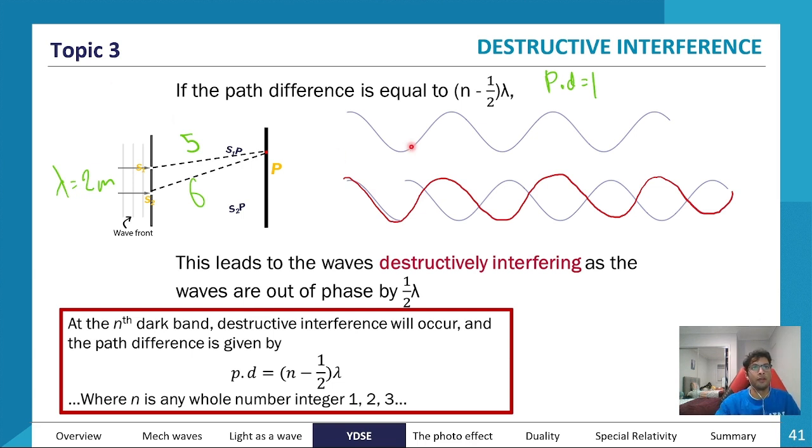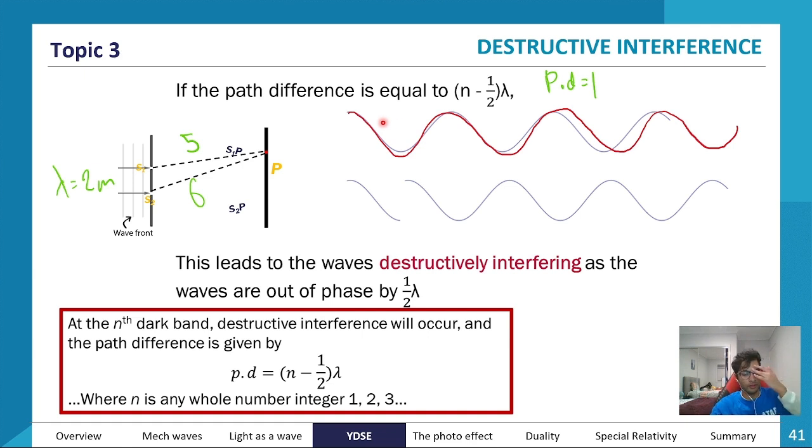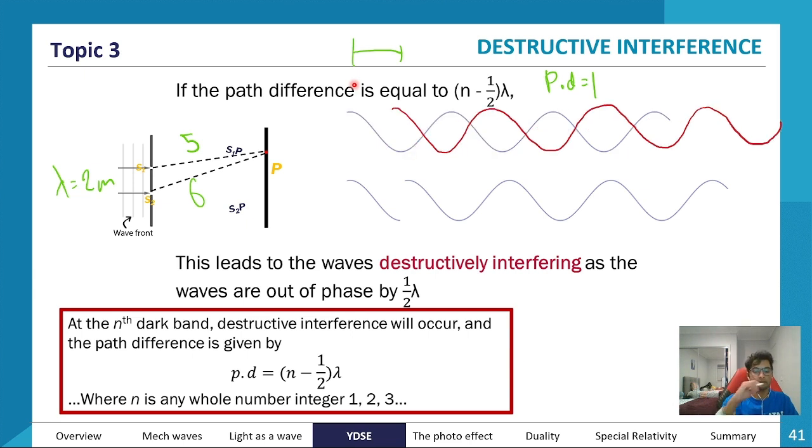This is our red wave, the secondary wave, and the blue wave underneath is our S1. Because we have a path difference of 1, and the wavelength of a single wave is 2, the red wave gets shifted by half a wavelength, so our red wave ends up like this.